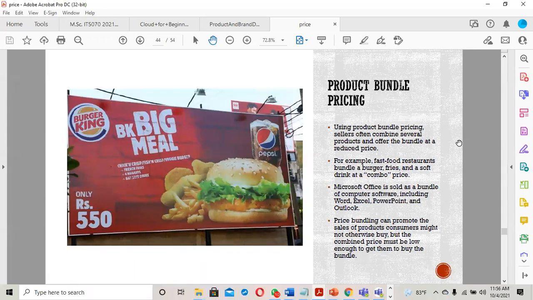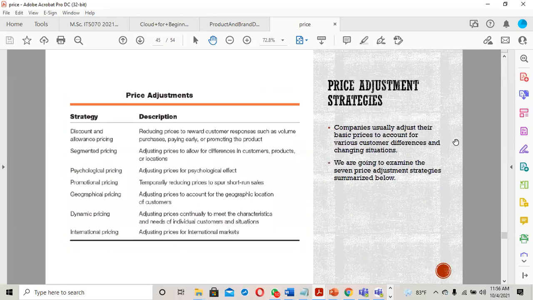So you have some other discount and allowance. Now we have some other sort of pricing models. Now we have a promotion. So there are some other pricing strategies like that. We have some promotions. You can promote the product.